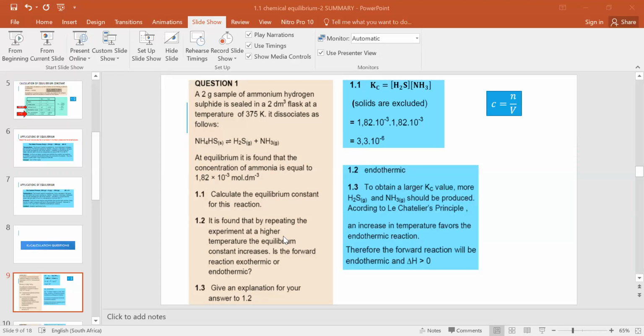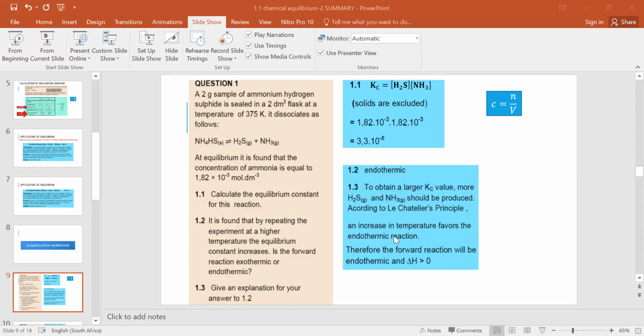One more time. To obtain a larger Kc value, more H2S and NH3 should be produced. Yes, you can see from the formula. According to LCP, when I increase the temperature, it will favor the reaction that decreases the temperature. It favors the endothermic reaction.